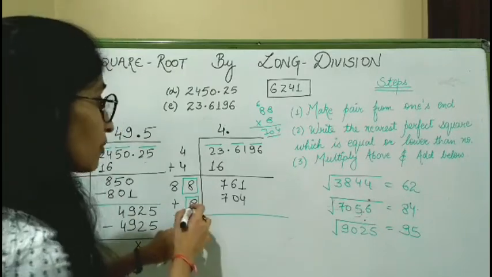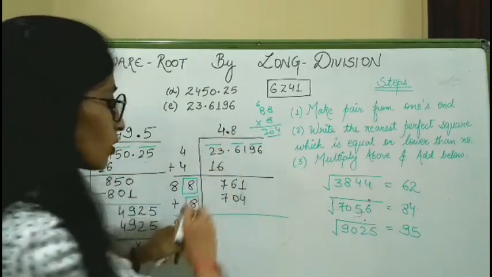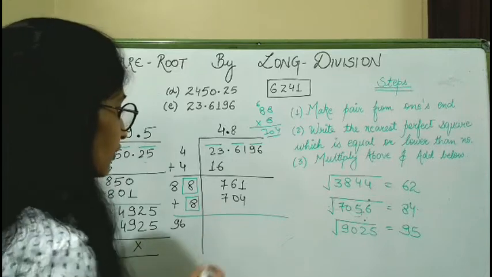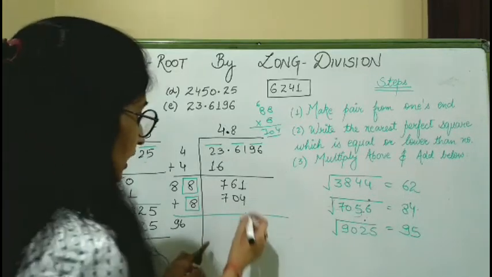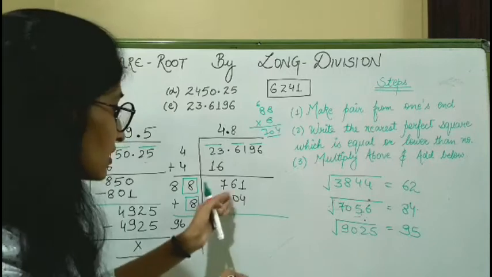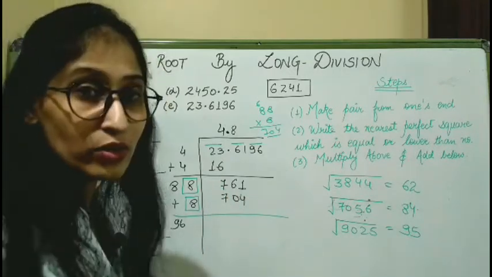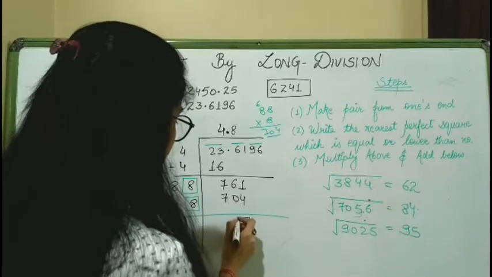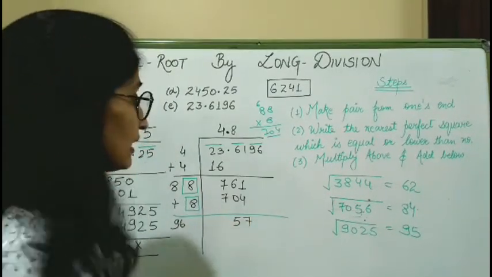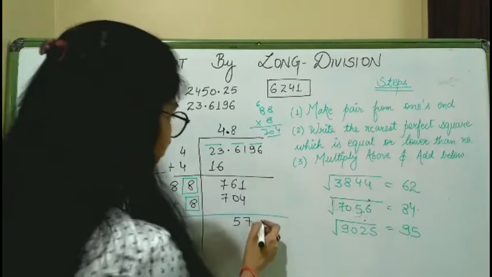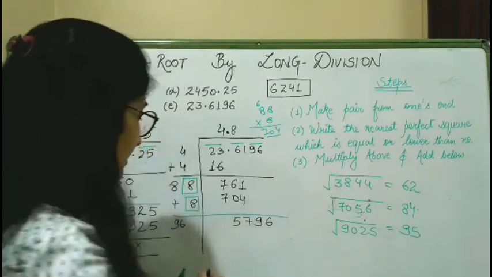At the same time write the same number at the top also. Now the difference of these two, 761 minus 704 is going to give me 57. Now copy the next pair, 5796.